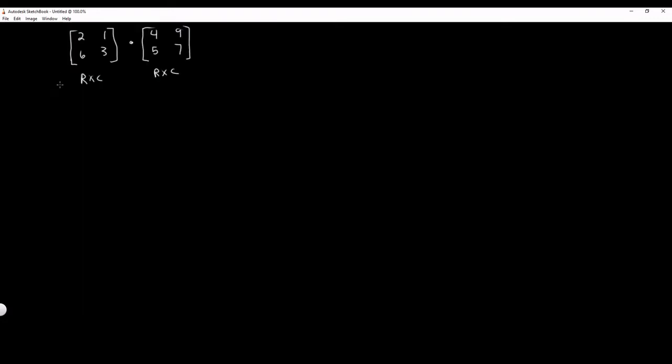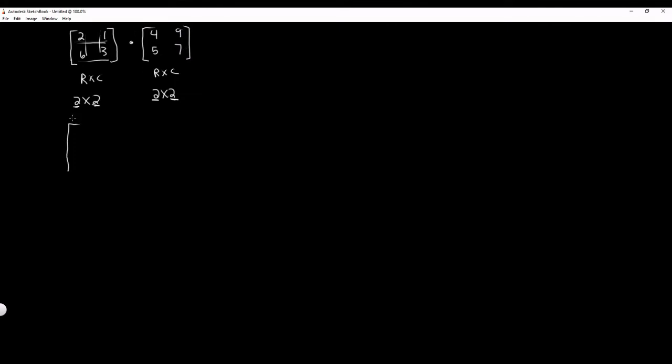For our first problem, we're going to calculate the size of each matrix. If we check, this has 2 rows and 2 columns, so this is a 2 by 2 matrix, and this is the same size, so this is also a 2 by 2 matrix. To see if we can multiply these, we check the two inside numbers, and they are the same, so we can multiply them out, and the final matrix will have a size of 2 by 2 as well. The way we do this is we multiply each individual row by every single column.